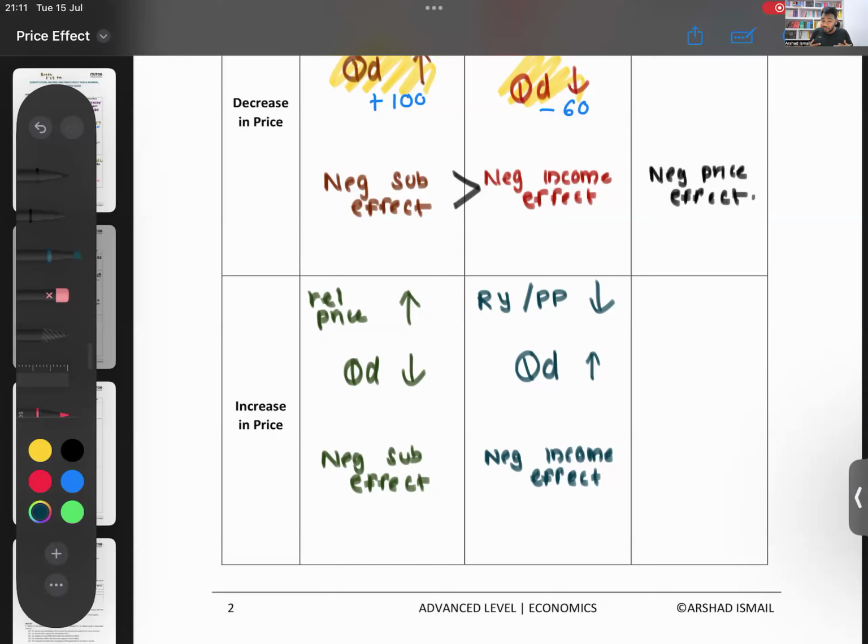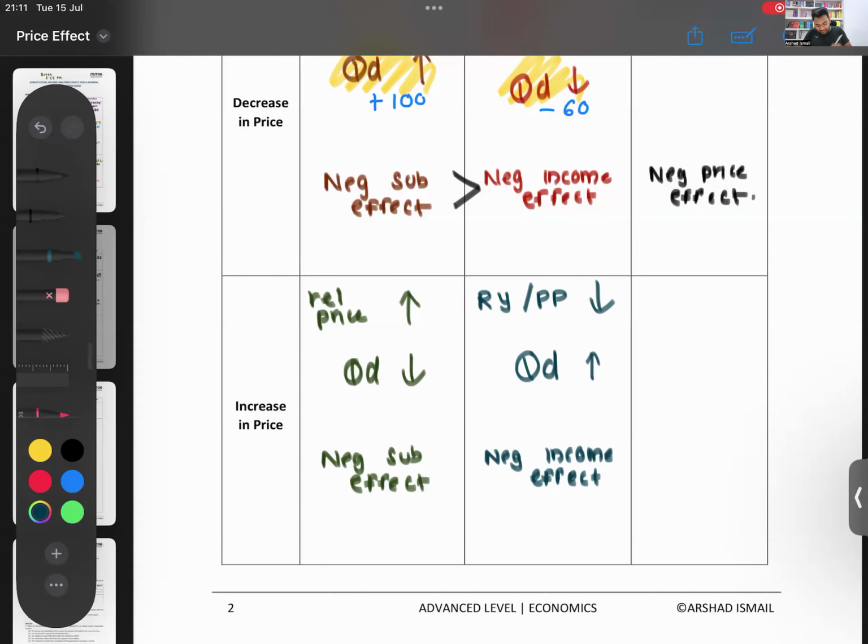Real income comes down. Now, for an inferior good, when your income comes down, what happens? You buy more and more of it. Real income coming down, QD will increase. So that is a negative effect there.